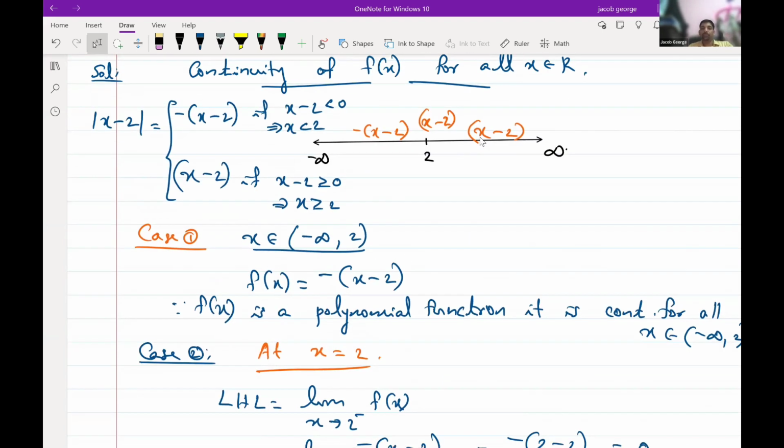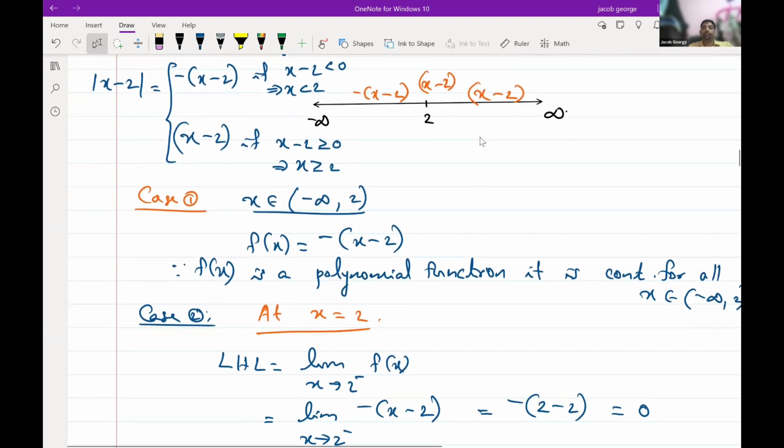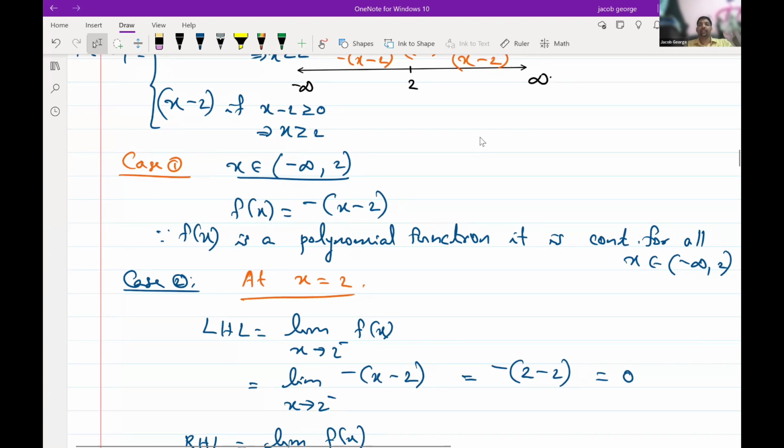On the left of 2, we have to check continuity at all the three cases, not only at x equal to 2. So on the left of 2, f of x is negative of x minus 2. It is a polynomial function. Polynomial functions are continuous. If it is a single function like this, it is continuous for all x belongs to minus infinity to 2.